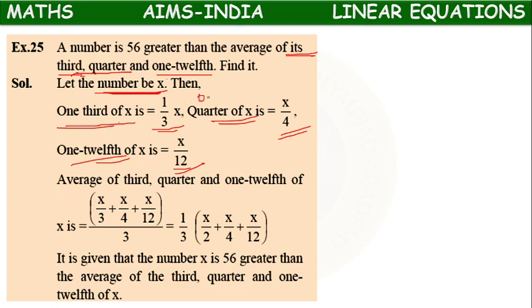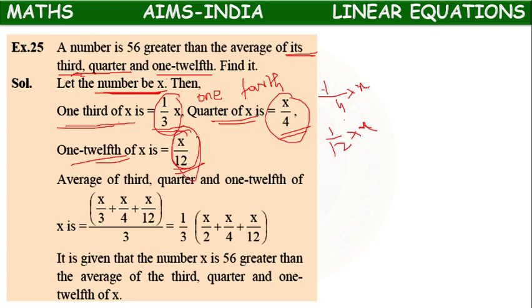Quarter means 1/4, which means 1 by 4 into x, and directly we can write x by 4. Also 1/12 means 1 by 12 into x, directly x by 12. So it is x by 3, x by 4, x by 12.